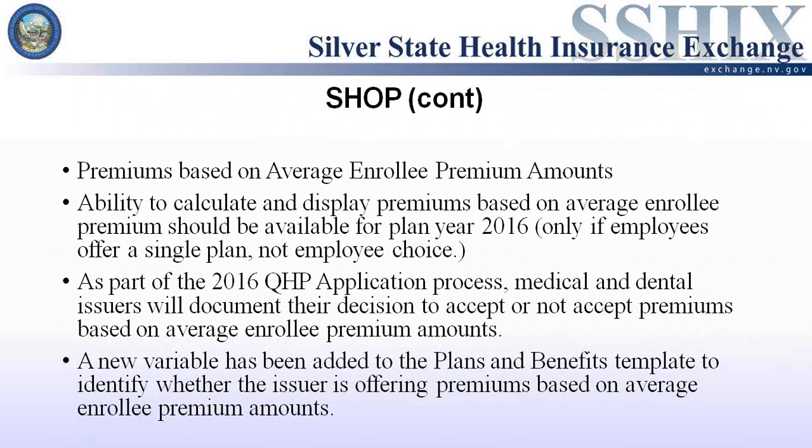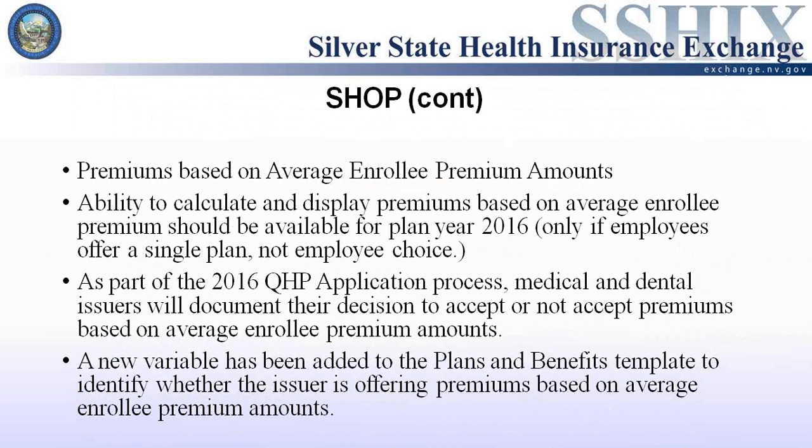Another change is that premiums can be based on average enrollee premium amounts. This is the ability to calculate and display premiums based on the average enrollee, based on the number of enrollees. And you do have to make a decision on whether or not you're going to offer your plans in this way.